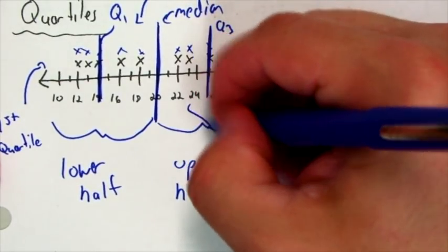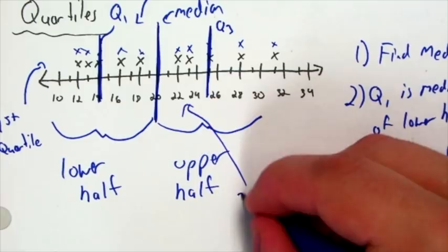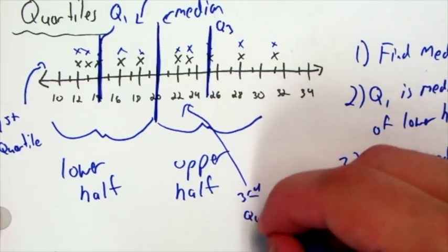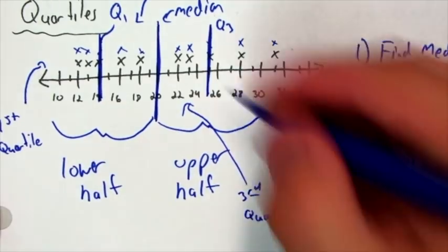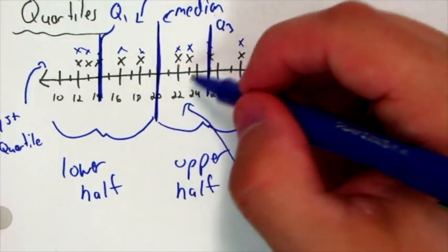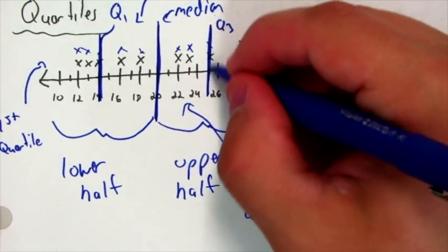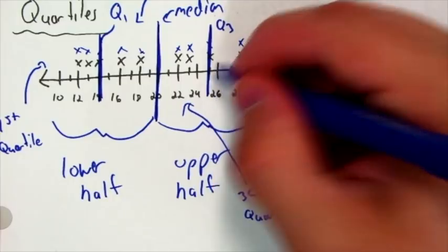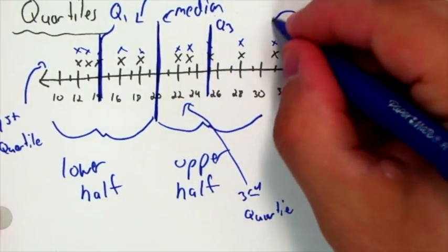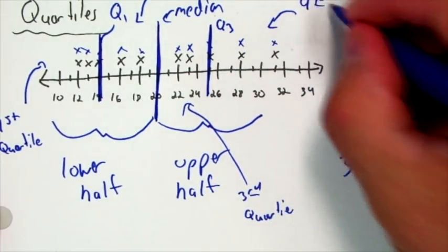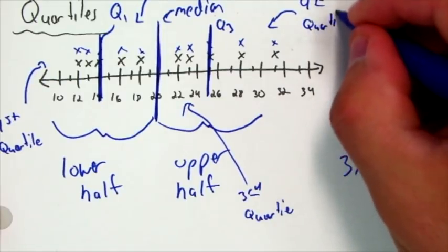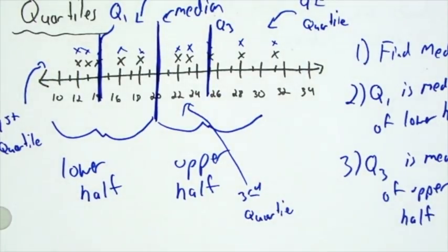This set right here, this is called the third quartile because it's the third quarter of the data, and this Q3, that's the end of the third quarter. And the last set over here, this is called the fourth quartile. So quartile represents the quarters, and where they end is what we call first quartile and third quartile.